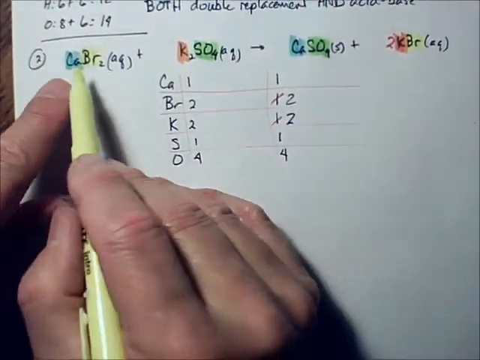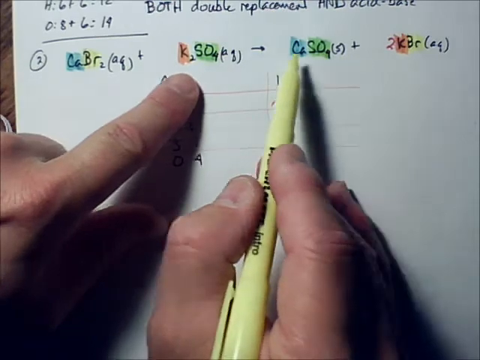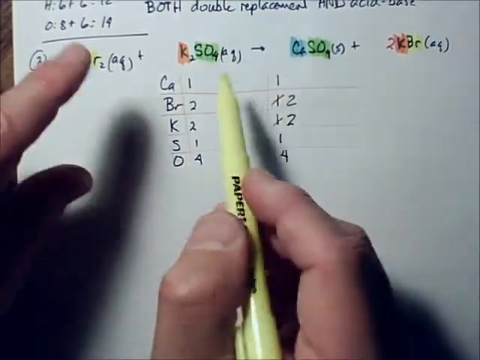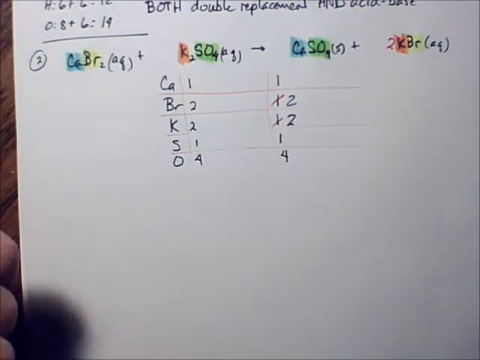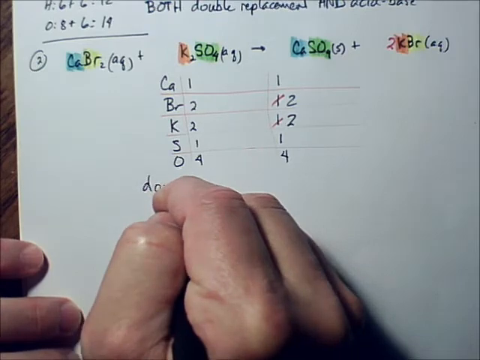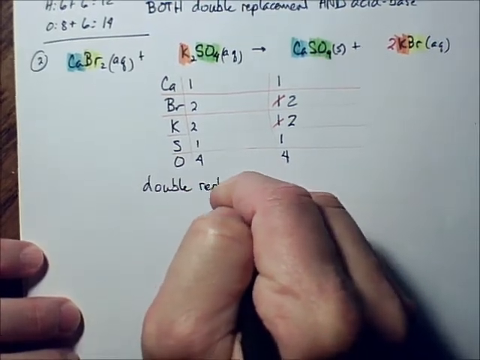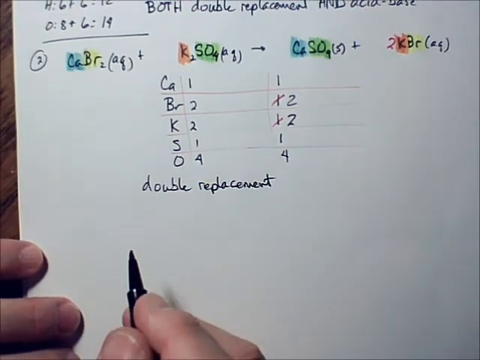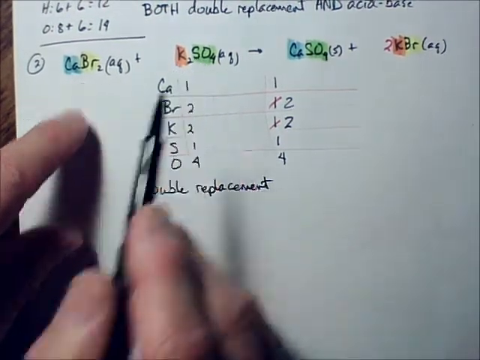So we're basically switching the two-part formulas, and they're switching front and back. And that would be the definition of a double replacement reaction. But it's not acid-base because there's no hydrogens and hydroxides.